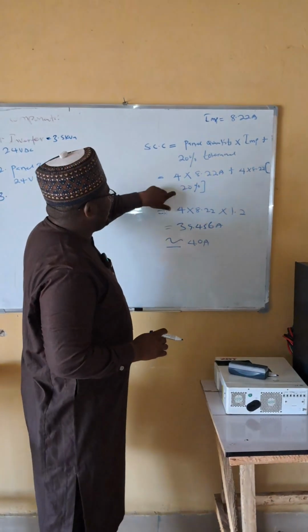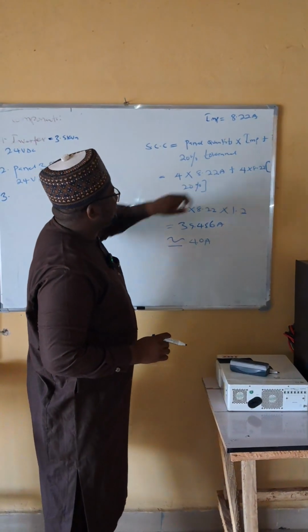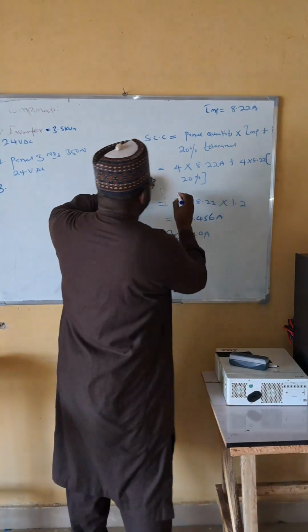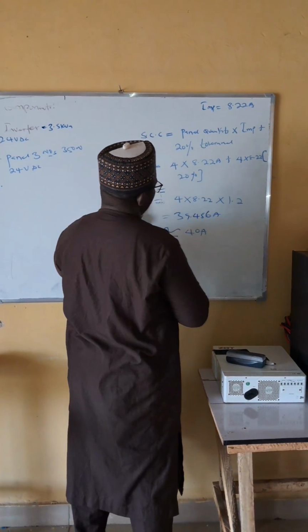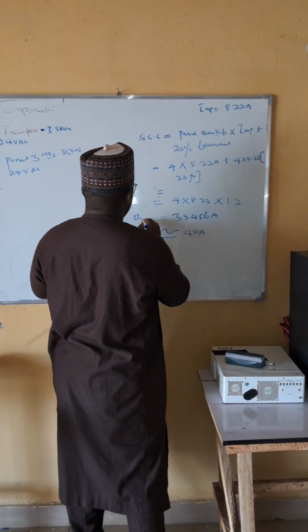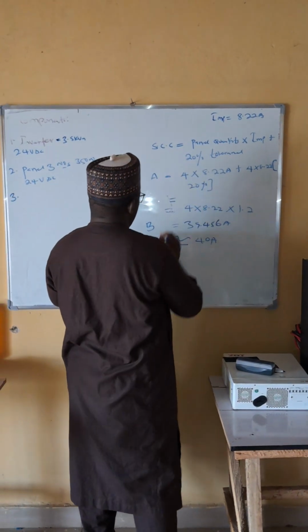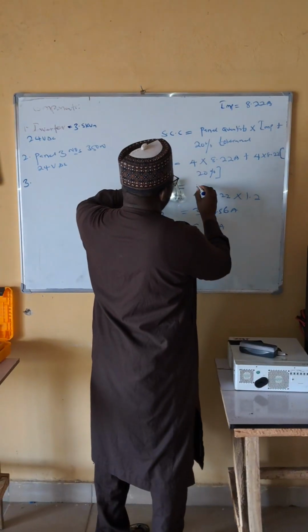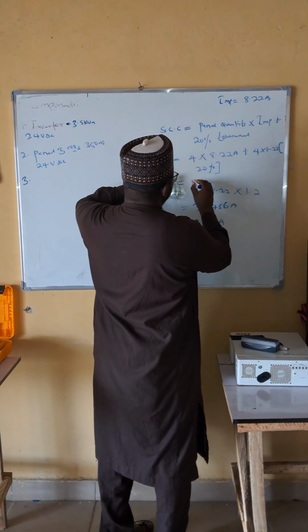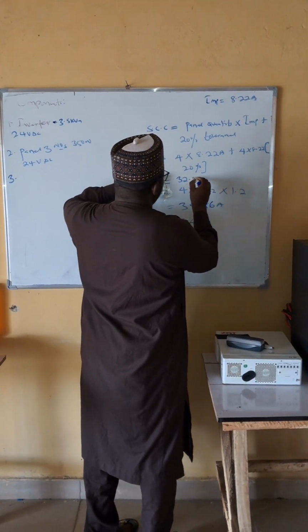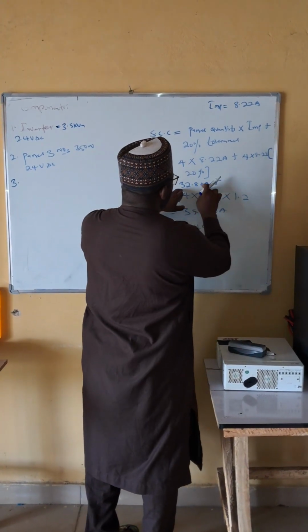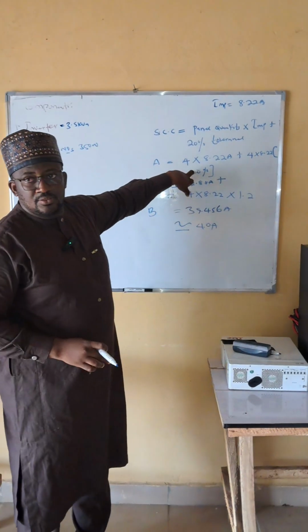Okay, how about here? 4 times 8.22. This is B, and this is A. We have 32.88 amps plus 32.88 times 20%.